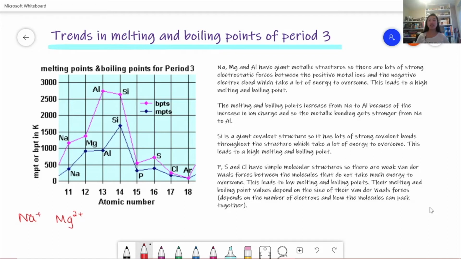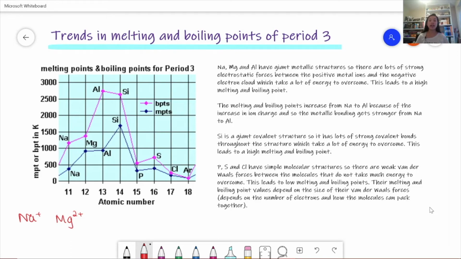So the metallic bonding in magnesium would be stronger than in sodium. And so because the metallic bonding gets stronger, that means it takes more energy to overcome. And so the melting and boiling points of magnesium will be higher than for sodium.